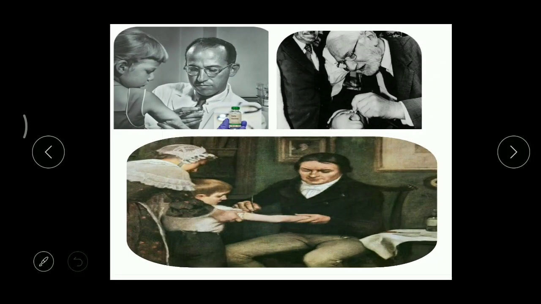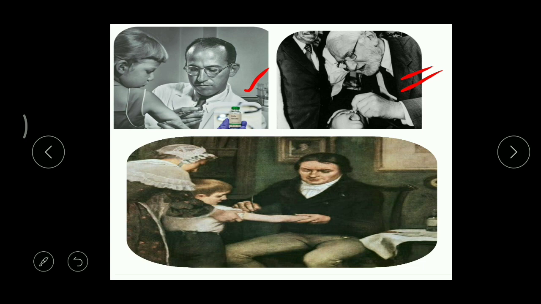Now here you can find this first one, a polio vaccine. This polio vaccine was given by Jonas Salk. He is Jonas Salk, and this is Albert Sabin. Here in this picture you can observe that he is giving the vaccine into the mouth of a baby, right?